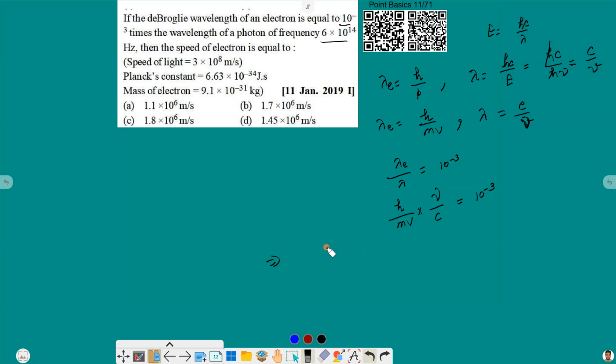So velocity will be equal to h nu by mc into 10 raised to the power minus 3. So h is 6.63 into 10 raised to the power minus 34, frequency is 6 into 10 raised to the power 14, mass is 9.11 into 10 raised to the power minus 31, and c is 3 into 10 raised to the power 8.